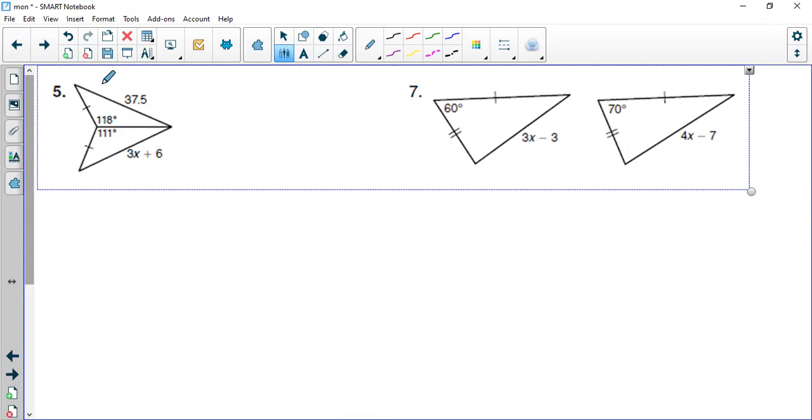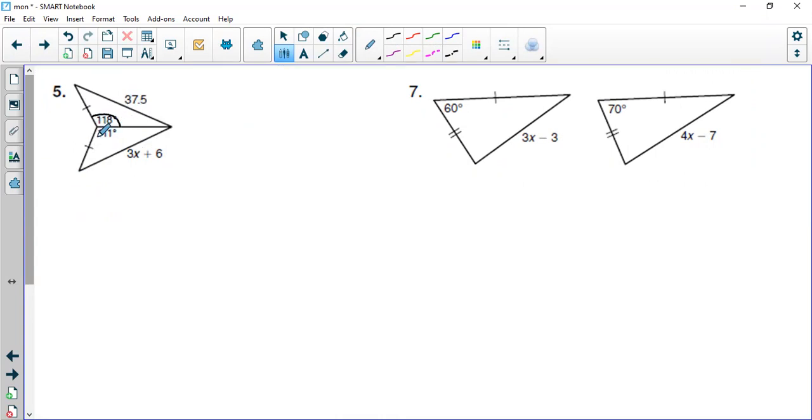So this is, again, they have given us two angles and two sides. Depending on the angle, they have already given this angle is 118 and this angle is 111, which means, of course, this side is greater than this side because 118 is greater than 111 degrees.